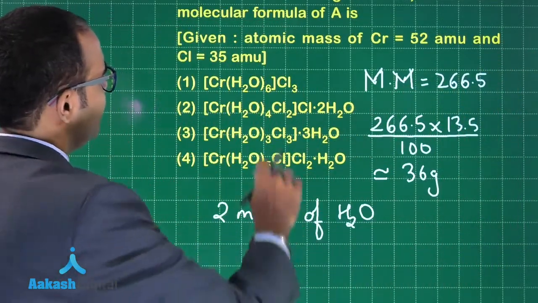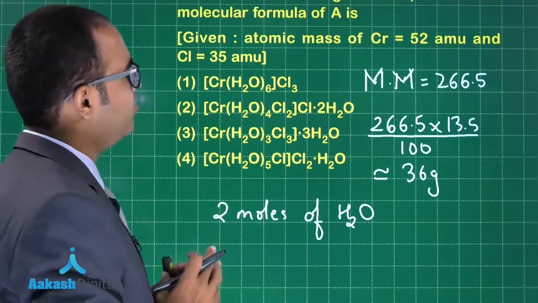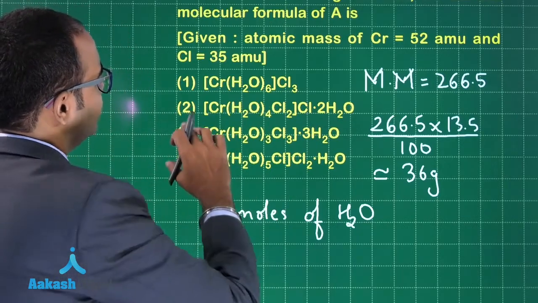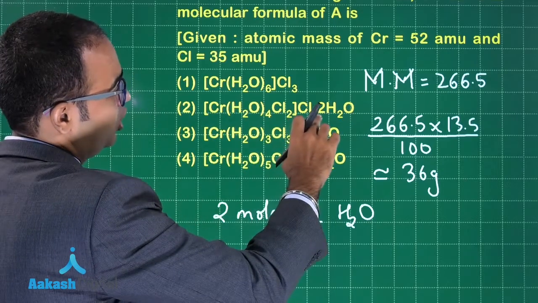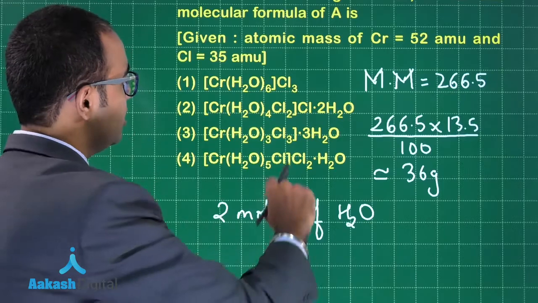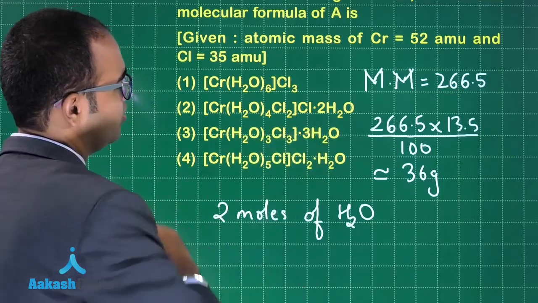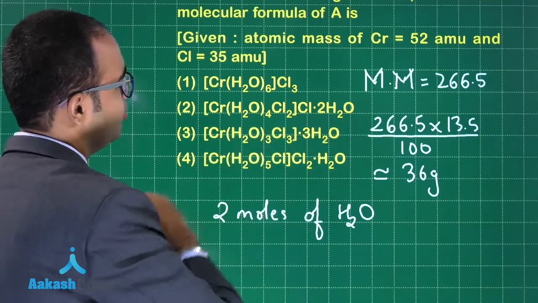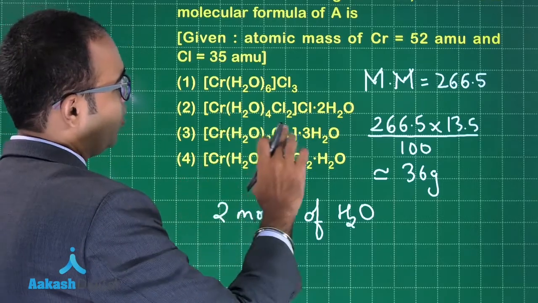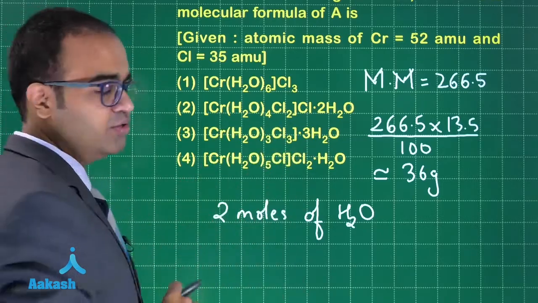In the first option all the molecules of H2O are inside the coordination sphere. Second option, 2 molecules of H2O are outside, 4 molecules are inside. Third option, 3 molecules of H2O are outside and 3 molecules of H2O are inside. Fourth option, 1 molecule is outside and 5 molecules are inside.